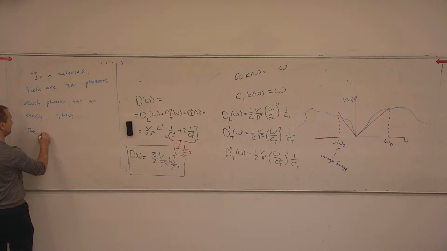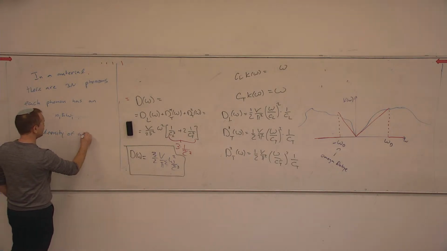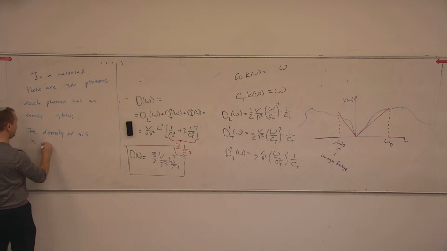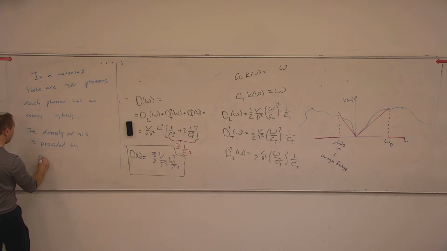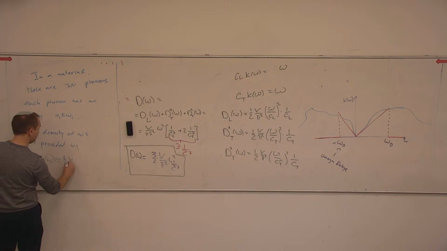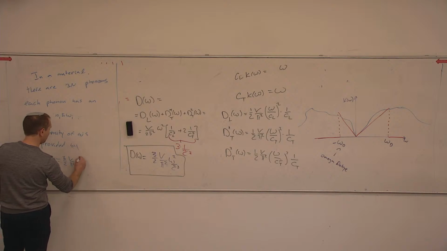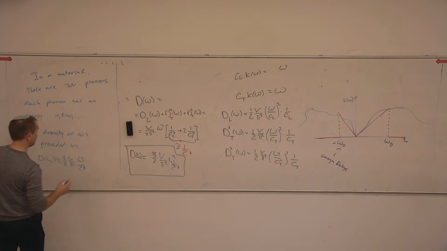The density of omegas is provided by g(omega) equals 3 halves V over pi squared, omega squared divided by C tilde to the third.